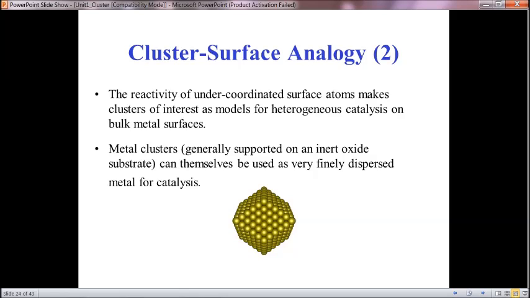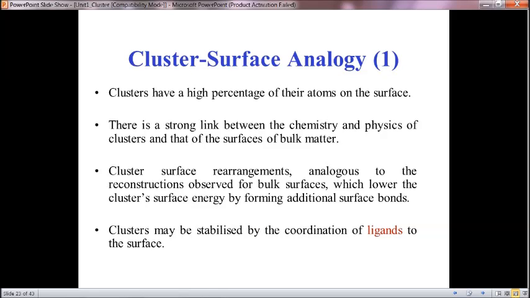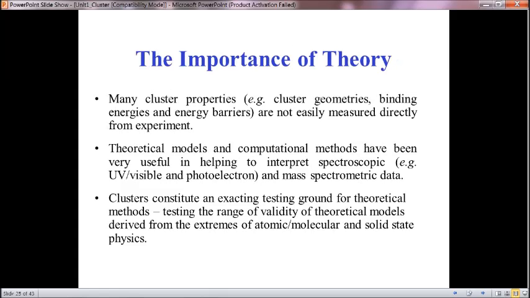So these metal clusters can be used as heterogeneous catalysts, and in dispersed metal for catalysts. Then in coordination of ligands, they are stabilized, and they are forming additional surface bonds. They have a strong link between chemistry and physics of clusters and that of bulk matter, and they have a high percentage of atoms on the surface. These are the analogies with the clusters.